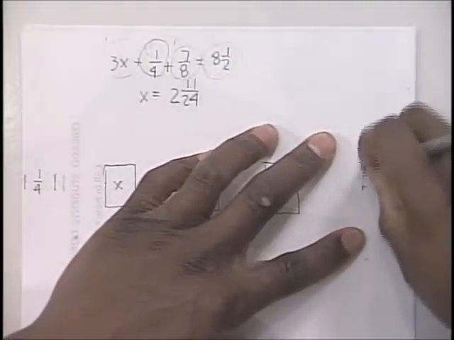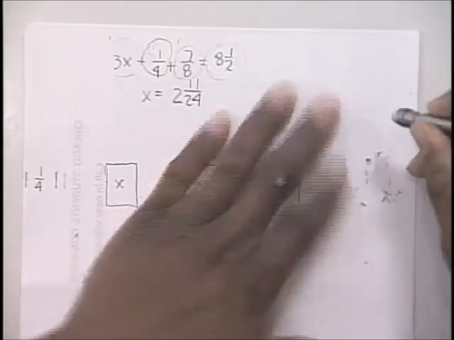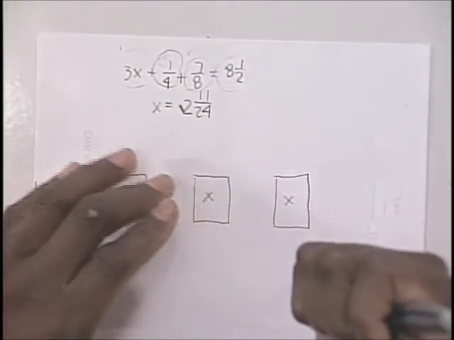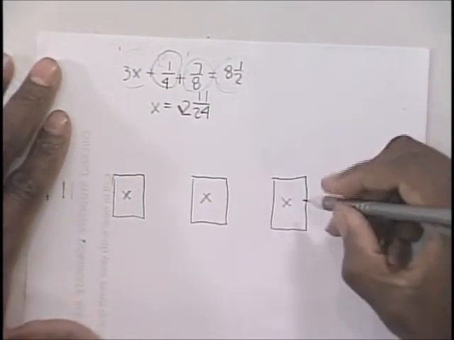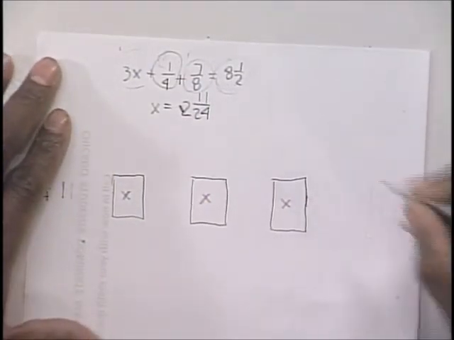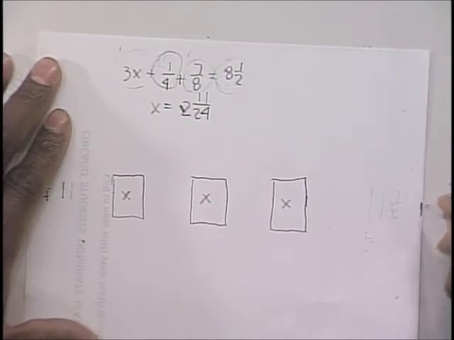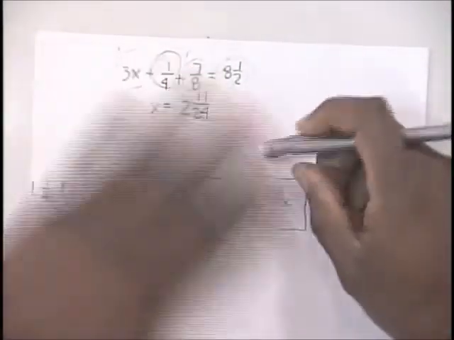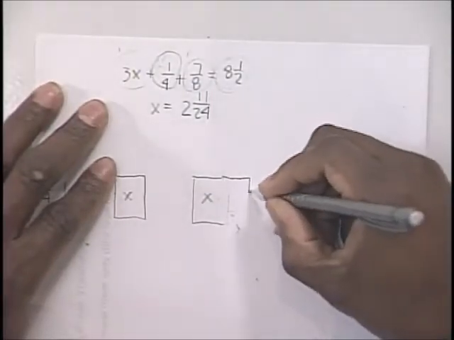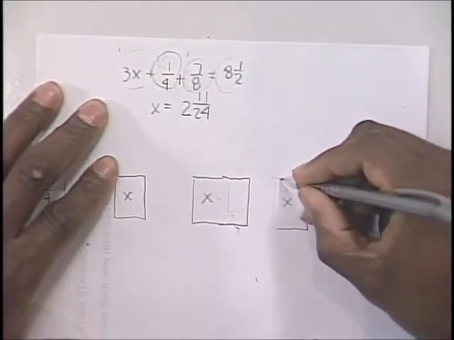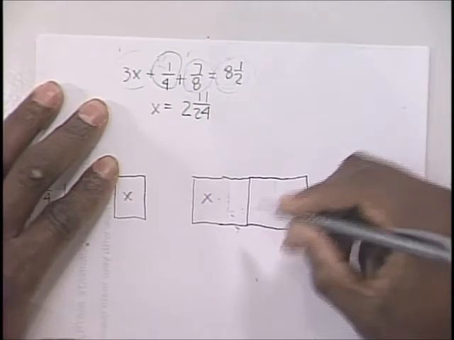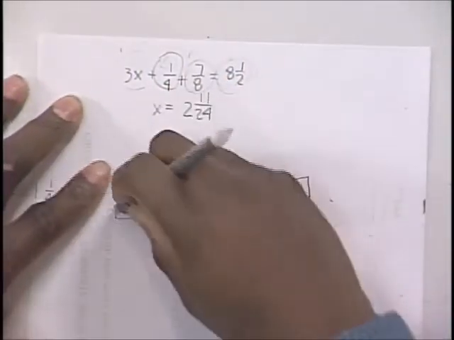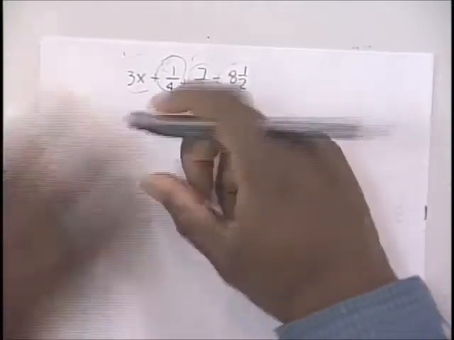Let's make this a little bit larger here so we can all see it. Let's say this is 7/8. Let's adjust this picture just a little bit. Let's make that a picture, and let's make this a picture.